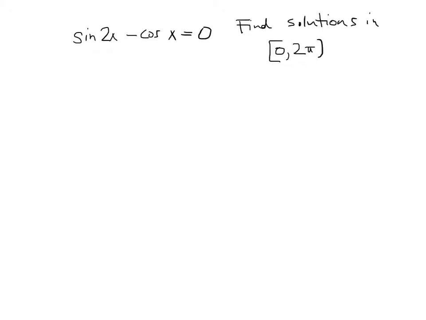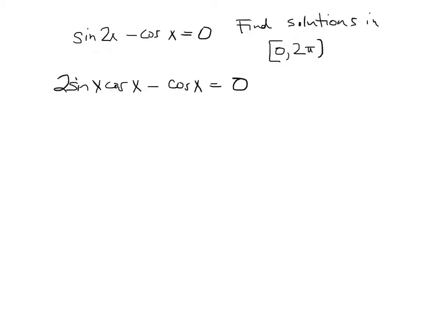And so we're going to go to 2 sine x cosine x minus cosine x equals 0.